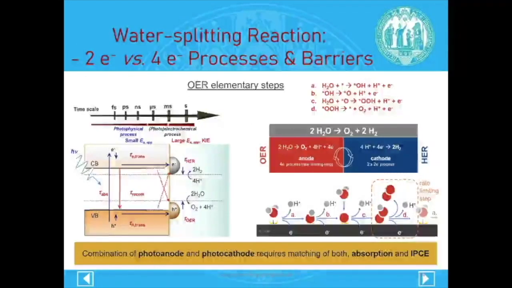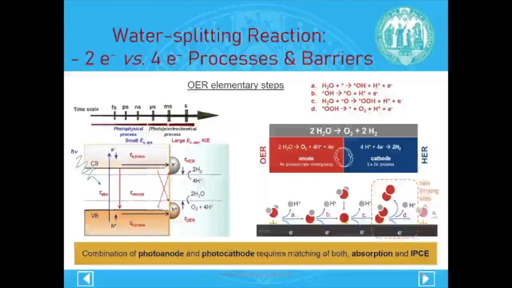So there are fundamental limitations when we look at the water splitting reaction. I'm not going into all the details, but the message here is that we have to strike a balance between the photophysical processes, that means the charge creation, photon absorption, charge separation, and their transport within the system, and then their use to run these chemical reactions.